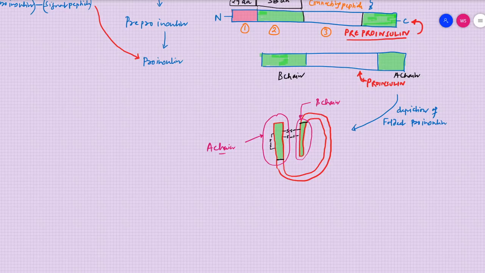So then intuitively we know what is going to happen. This proinsulin, it will lose the connecting peptide. Okay, so proinsulin, when it loses the connecting peptide, it becomes insulin. So proinsulin minus connecting peptide.